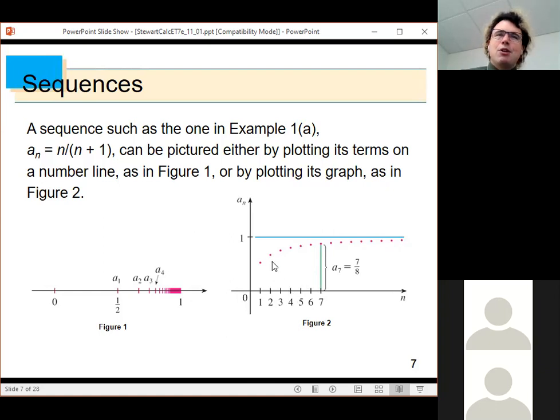And again, this starts to look like a function with an asymptote, just with the caveat that I'm only looking at these discrete dots rather than a continuous curve.